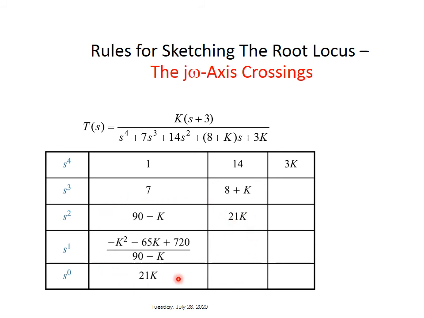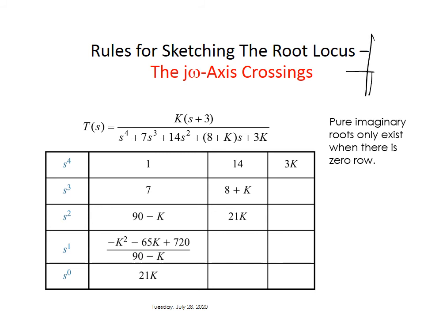So what should we do to find this j omega axis crossing? The rule is that if the root locus goes across the j omega axis, the poles are purely imaginary, right? So here we have j omega.